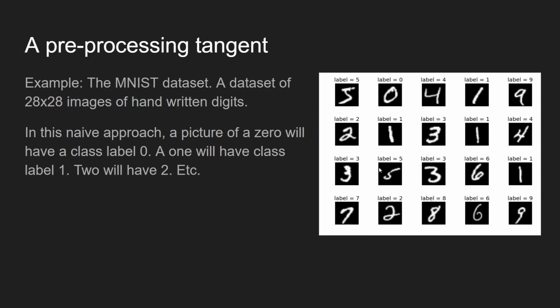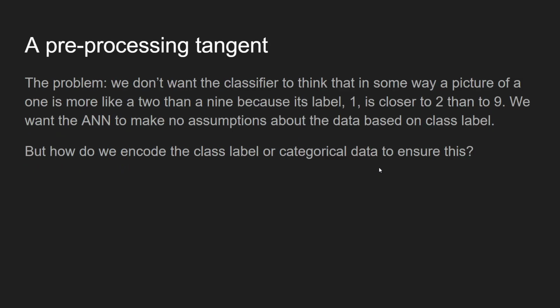But there's a problem with doing it that way. We don't want the classifier to think that in some way the data is more correlated in some ways. We don't want the classifier to think that the data has to do with what its input is.